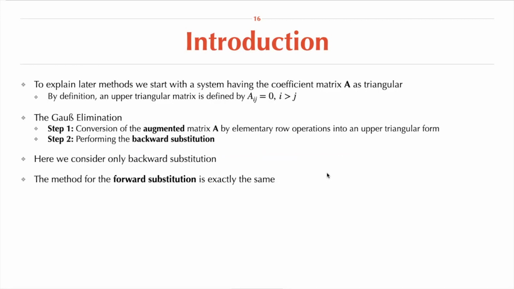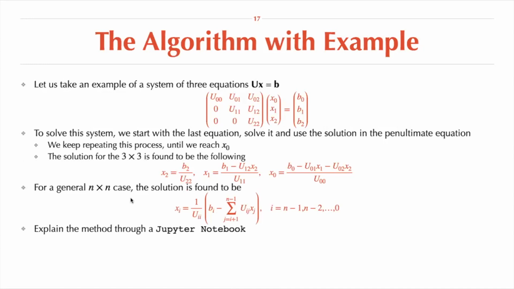Because eventually we are going to use backward substitution in Gauss elimination, it's worthwhile to discuss it anyway. The method of forward substitution, which we will use eventually in the LU decomposition, I will talk about later. So this is the algorithm.